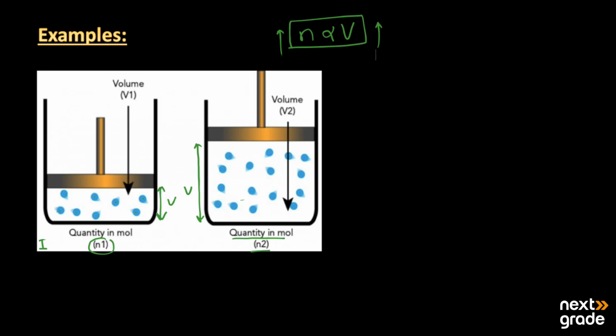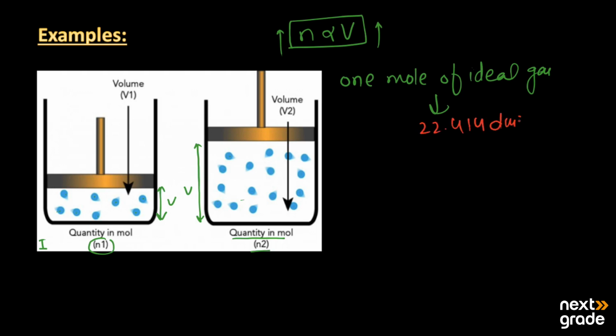This is related to the statement we have about the general gas constant, in which we take 1 mole of ideal gas. At standard temperature and pressure it occupies a volume of 22.414 dm cube.